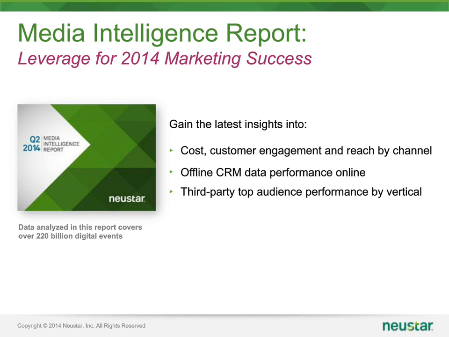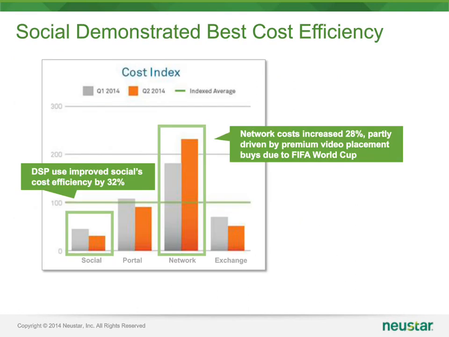So let's get into the first index, and the first index is what we call the cost index. The cost index is a channel's ability to drive impressions, clicks, and conversions at the lowest cost. Fundamentally, you could think of it as where you could buy media at the least amount of cost.